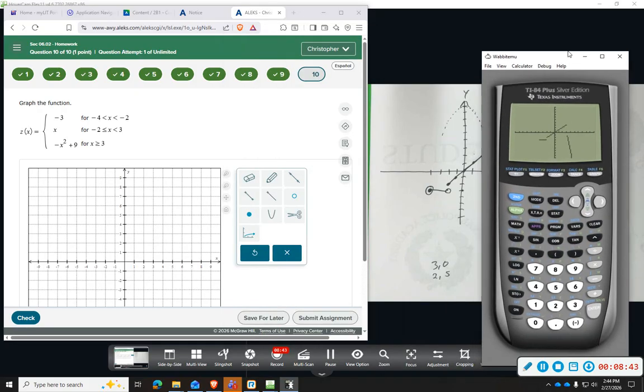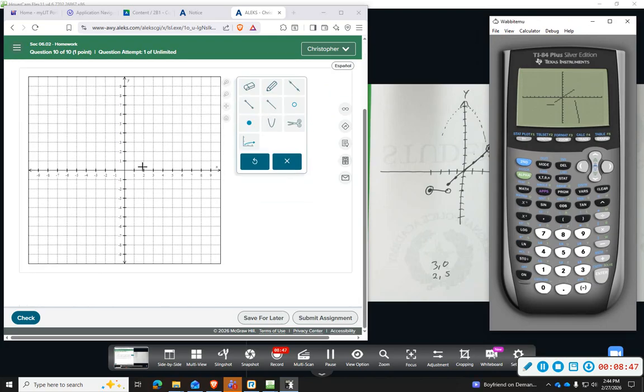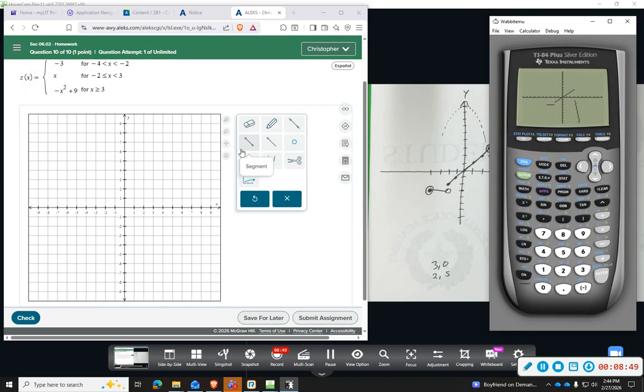We kind of drew it by hand and we have it in the calculator, so now we're going to build it on this graph. So I'm going to just do a segment. We're going to start at -3, 4 and go to -2. We're going to put hollow dots on both endpoints because neither one of those are equal.